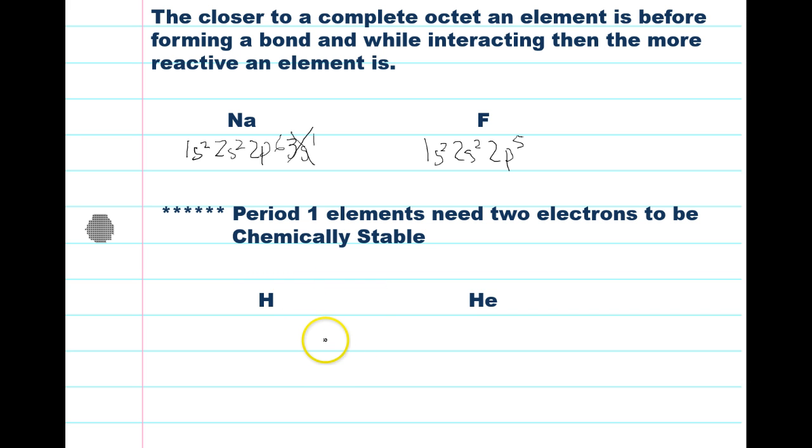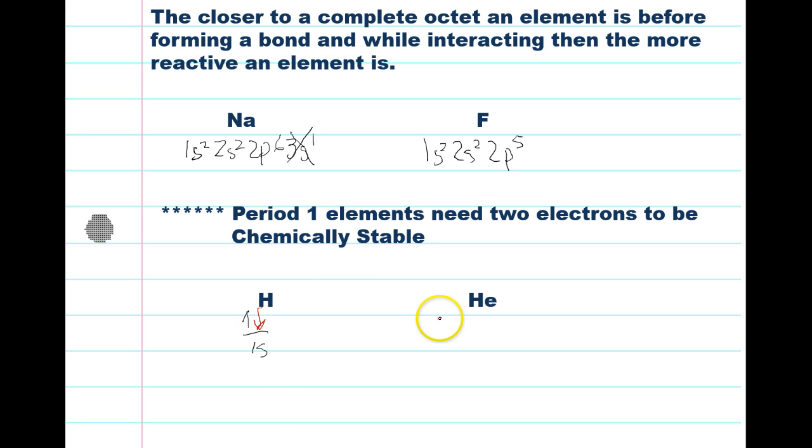They only need 2 electrons to be chemically stable, and let's take a look at that. If we take a look at hydrogen, hydrogen has only 1 electron, and that 1 electron is going to go in the 1s. So all it needs is just one more electron to make a complete energy level.